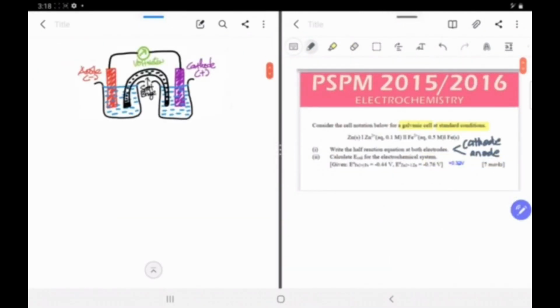So here is the galvanic cell. How we identify which is the anode and the cathode is by the ABC terms.